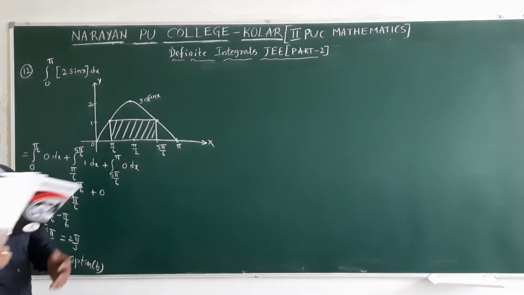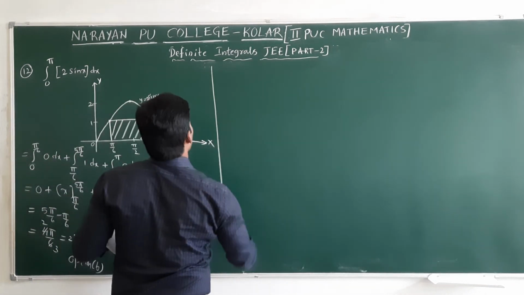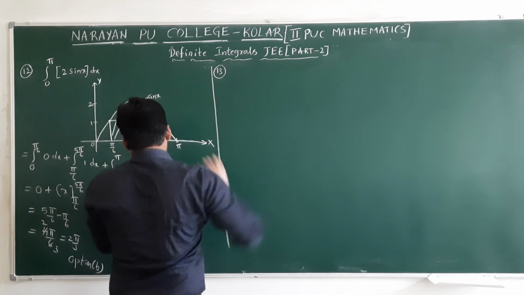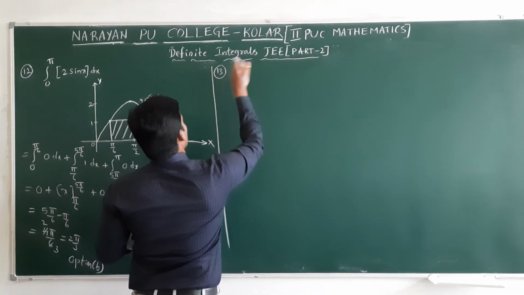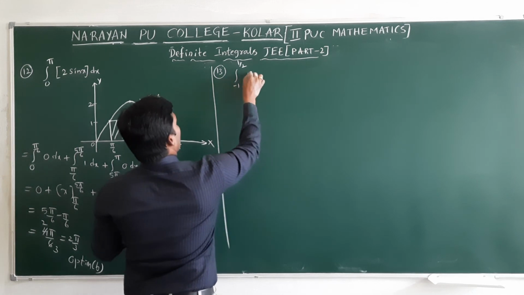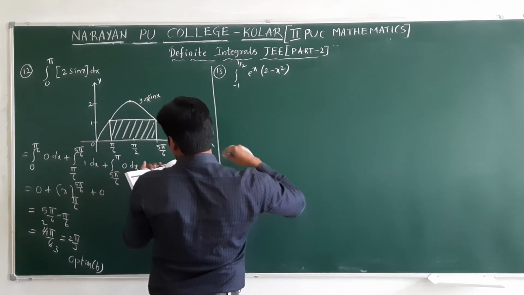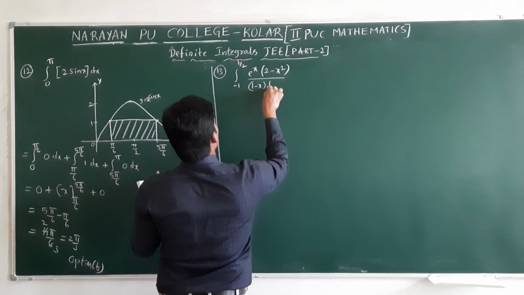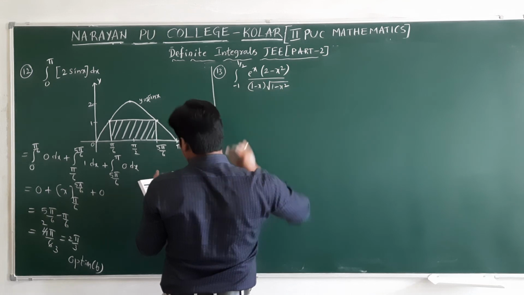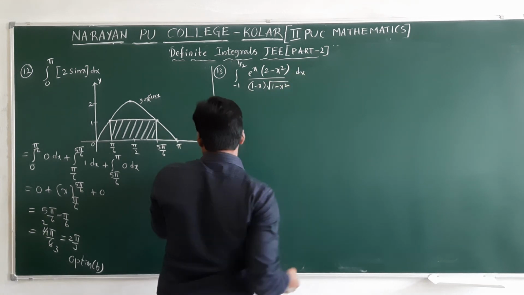Next, question number 13. Question number 13 is given: integral from minus 1 to 1 by 2 of e power x into (2 minus x square) divided by (1 minus x) into root of 1 minus x square, into dx.